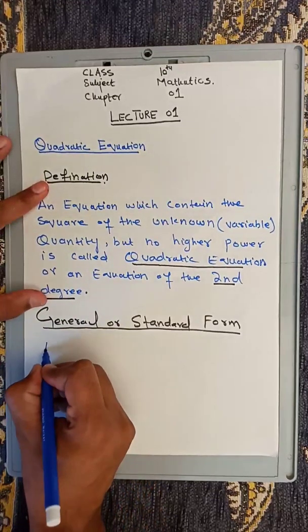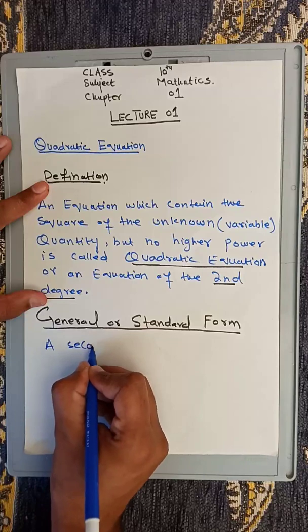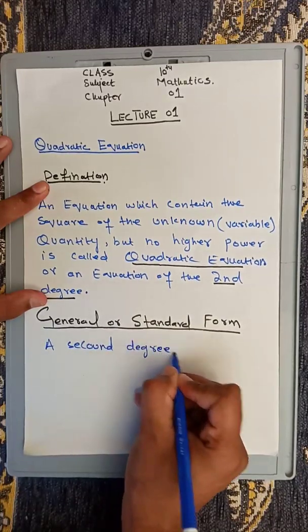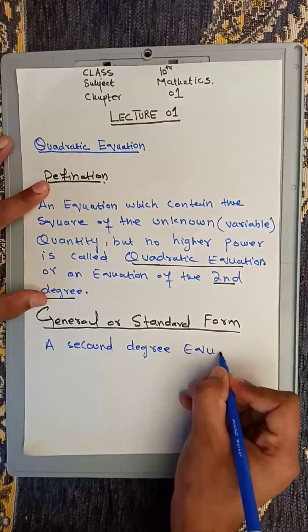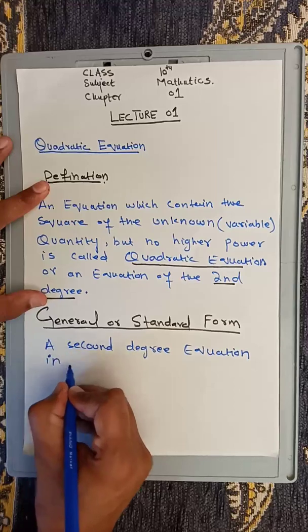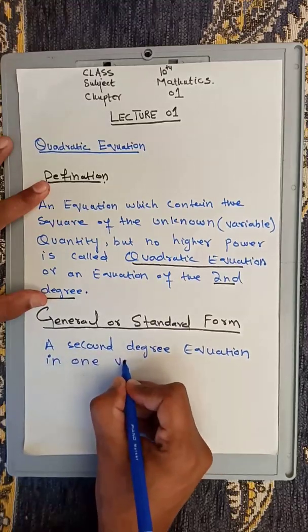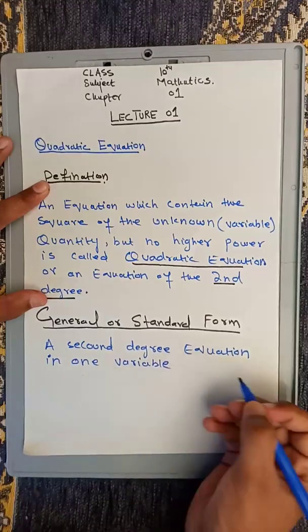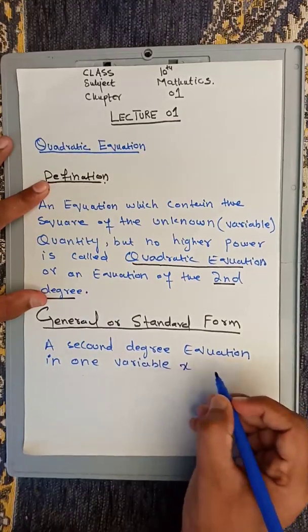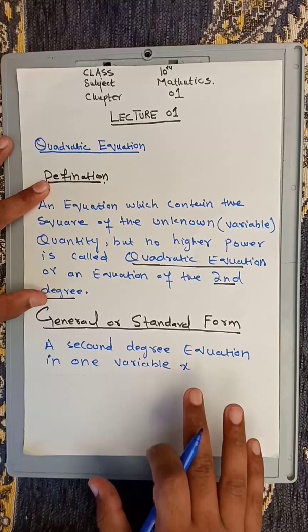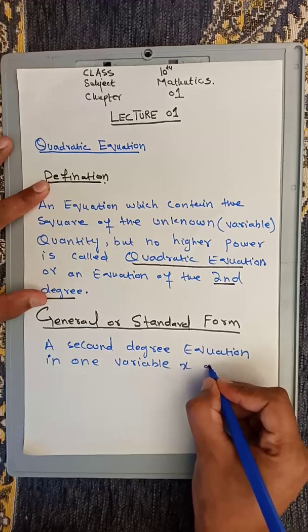A second degree equation in one variable, for example we call it x. You can say x, y, z, whatever you want, but in the books x is used. That's why I am using x here. Of the form.